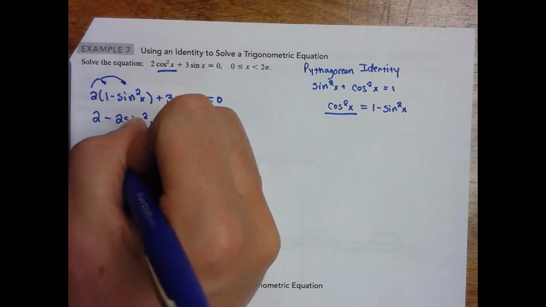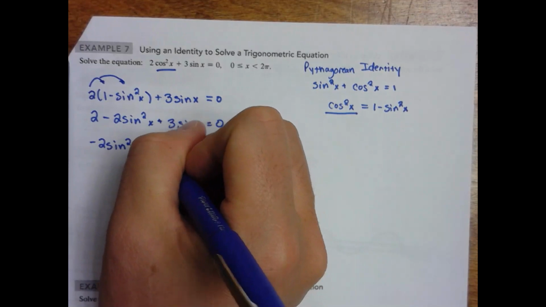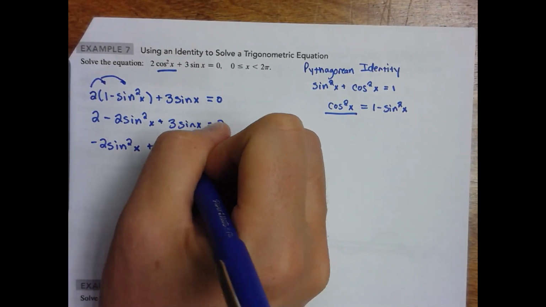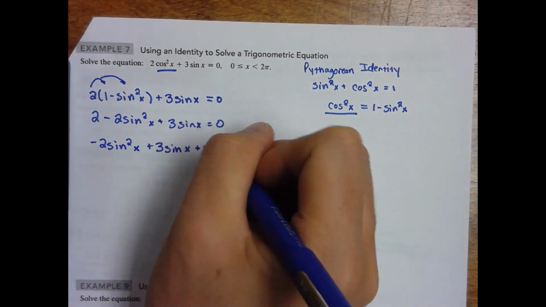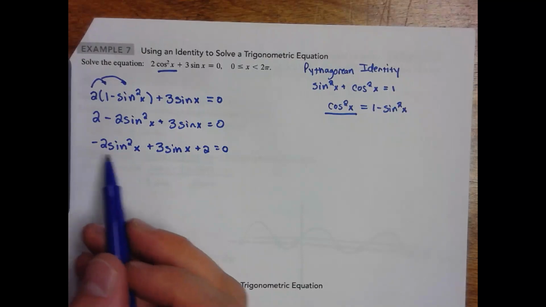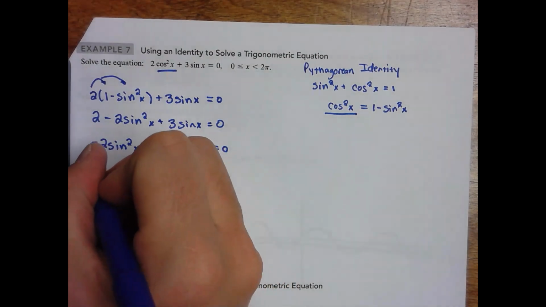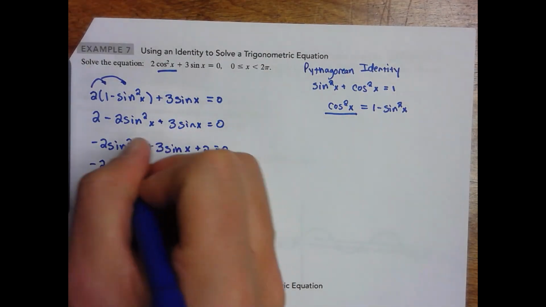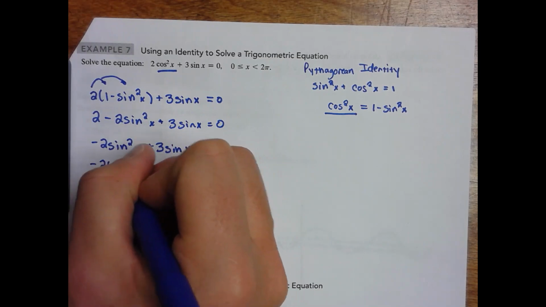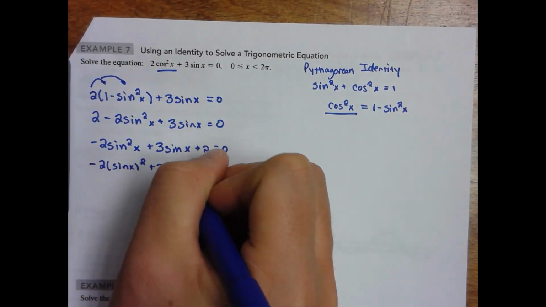So it goes negative 2 sine squared of x plus 3 sine of x, and then plus 2, just so that it's in that quadratic form. And then one thing that we did yesterday, and this is more just to see how the u substitution to factor this is going to work out, is I rewrote the sine squared of x as sine of x squared, and then plus 3 sine of x.